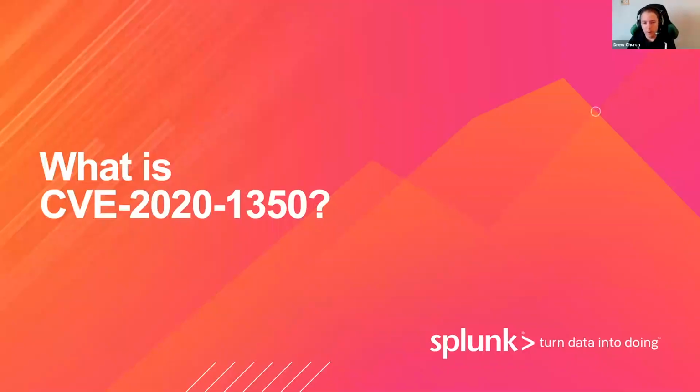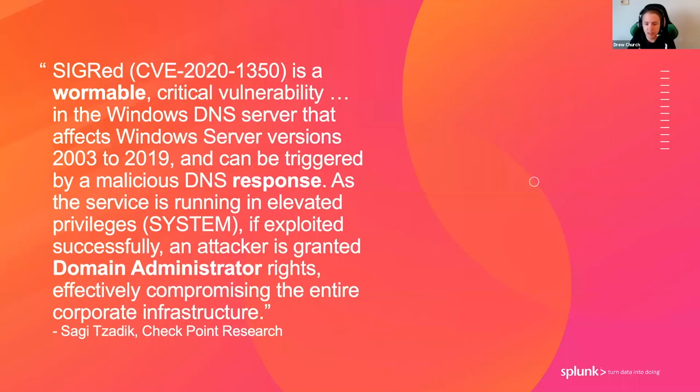Moving on, I want to talk about what CVE 2020-1350 is. I'm just going to go ahead and start by citing the Check Point researcher. I'm not even going to attempt to pronounce their name. I would butcher it, I'm sure. But it's important to understand that it's a wormable critical vulnerability that affects Windows DNS servers all the way going back to 2003. If you're still running 2003, I'm sorry. And it can be triggered by something as simple as a DNS response.